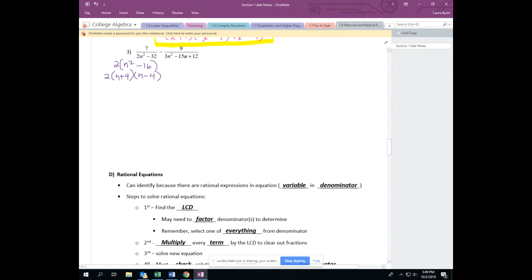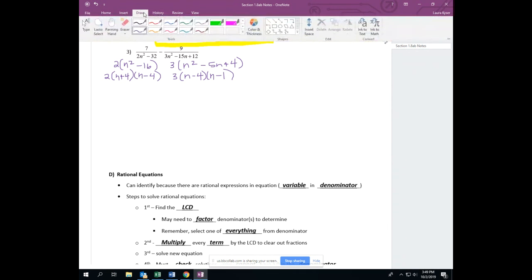And now on this side, we have a GCF of 3, which leaves me with n squared minus 5n plus 4. And this trinomial factors further into n minus 4, n minus 1. So here's my complete factored form of my denominators.